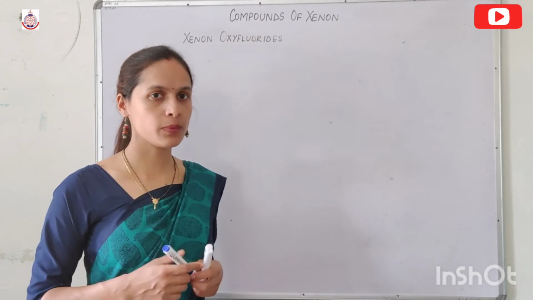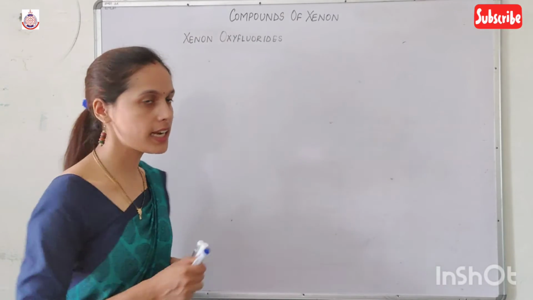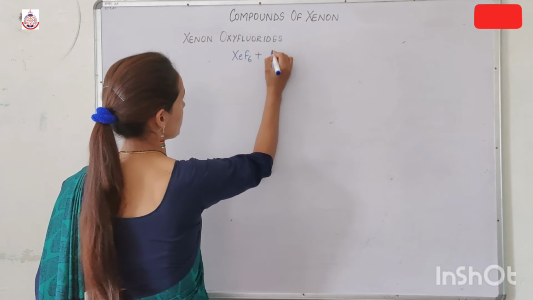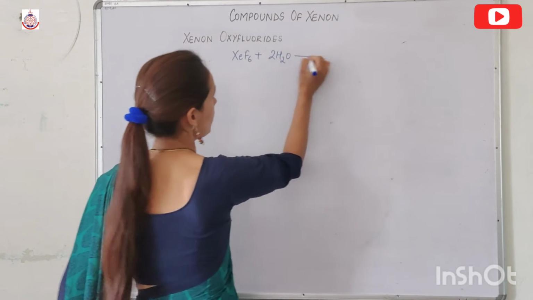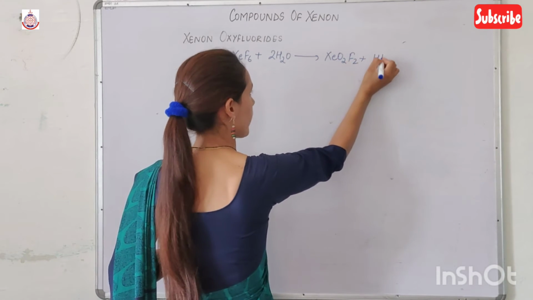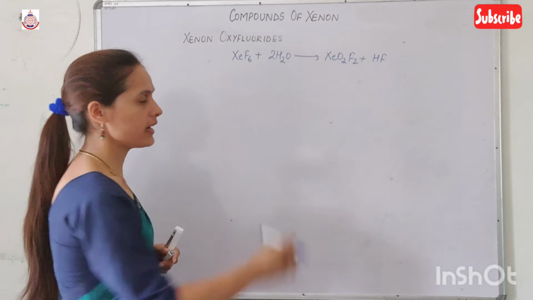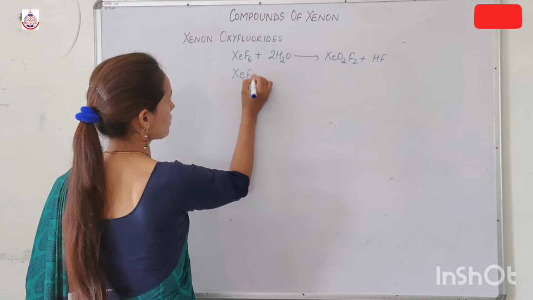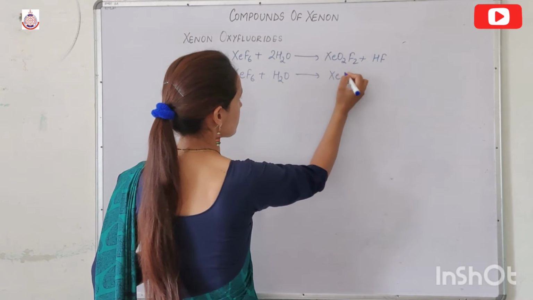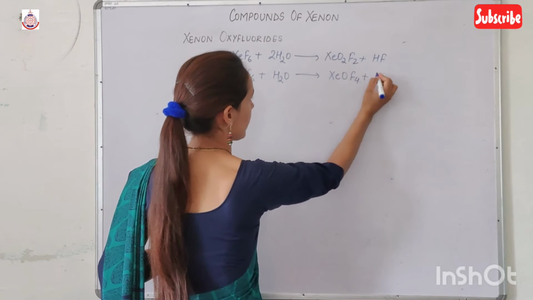And the preparation of some oxyfluorides, we have studied that if XeF6 reacts with 2 molecules of water, then we get XeO2F2. When this XeF6 reacts with one H2O molecule, then we get XeOF4 plus HF.